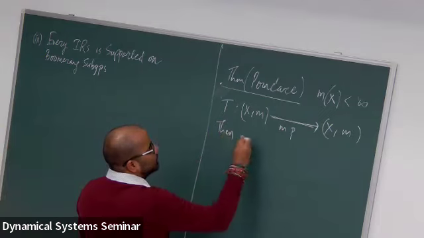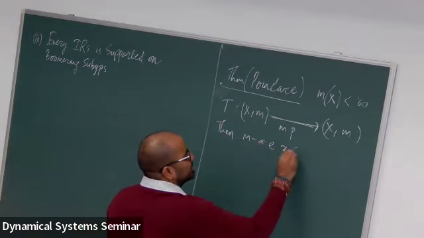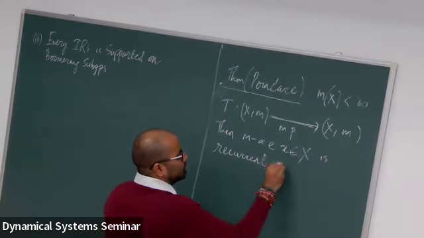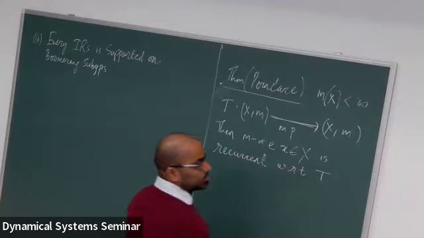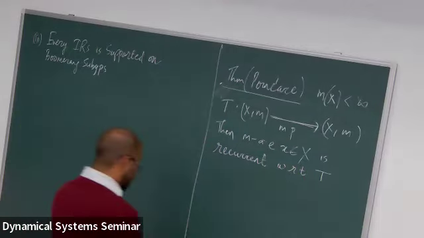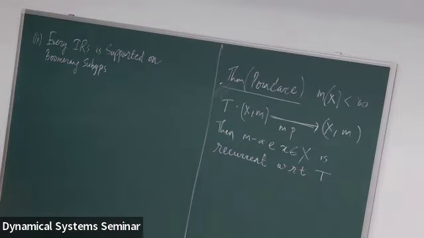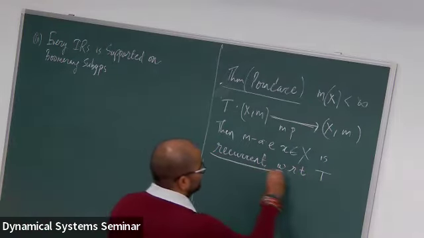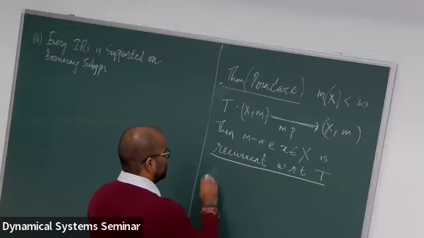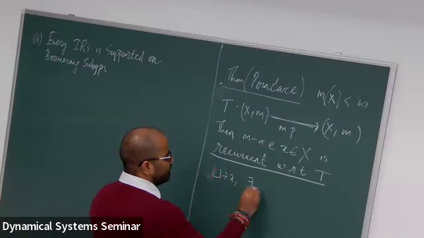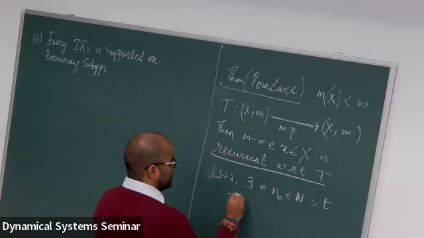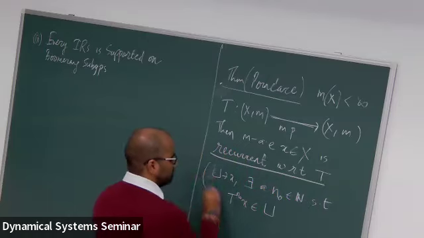Then m-almost every x in X is recurrent with respect to T. So what this means is that if I pick a neighborhood U containing x, I can find some n naught in N such that T to the n naught of x is again in this U.